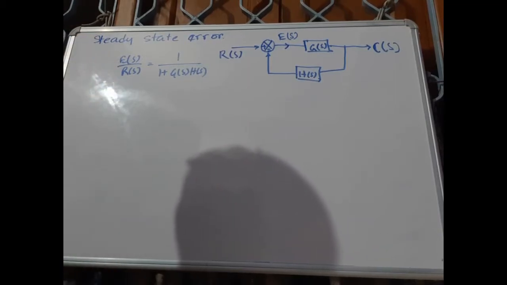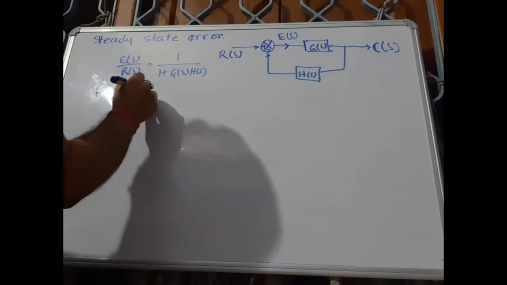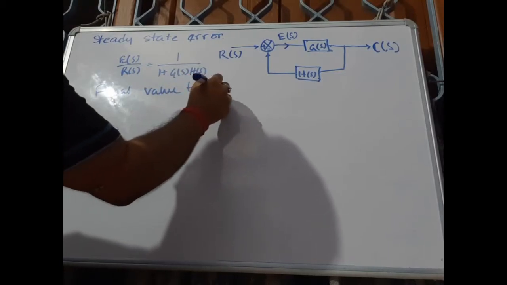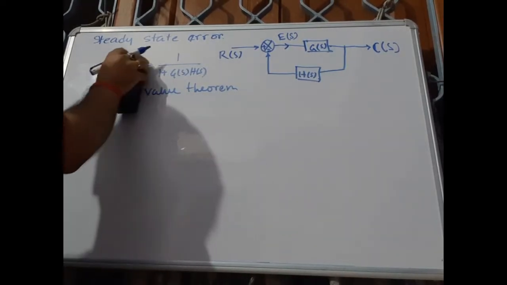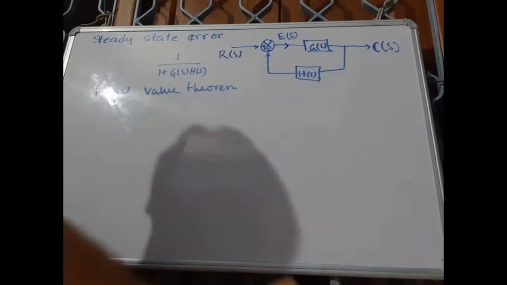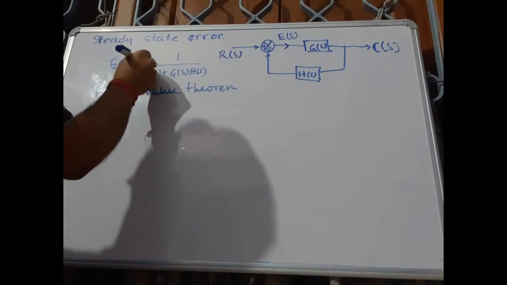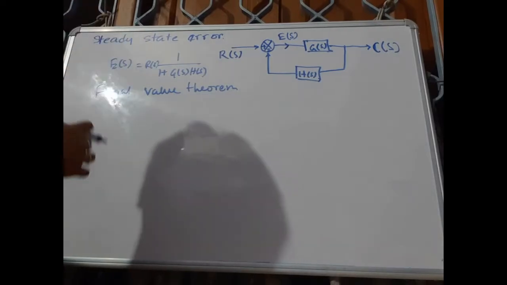Now if I apply the final value theorem, E(s) can be written as E(s) is equal to R(s) into 1 by 1 plus G(s)H(s).